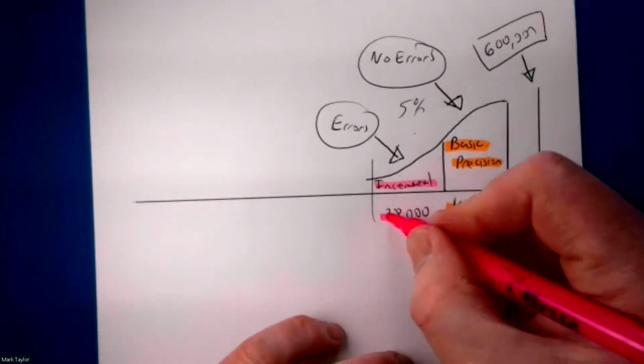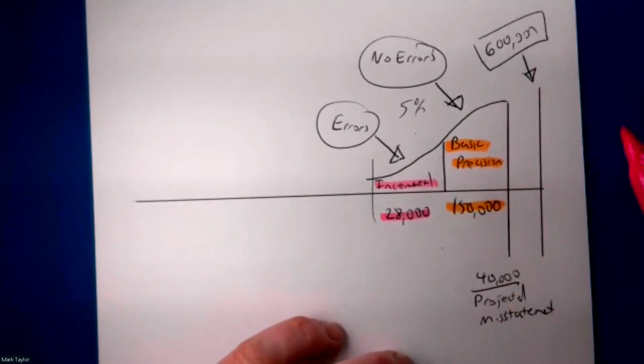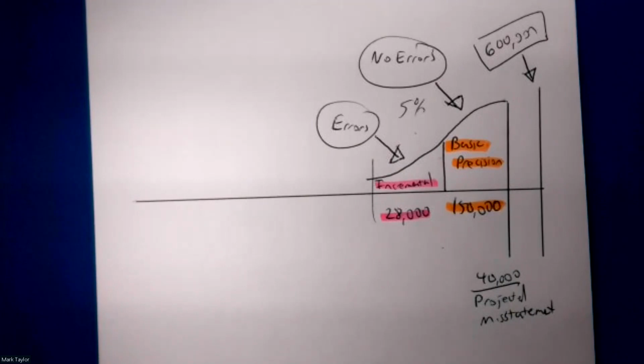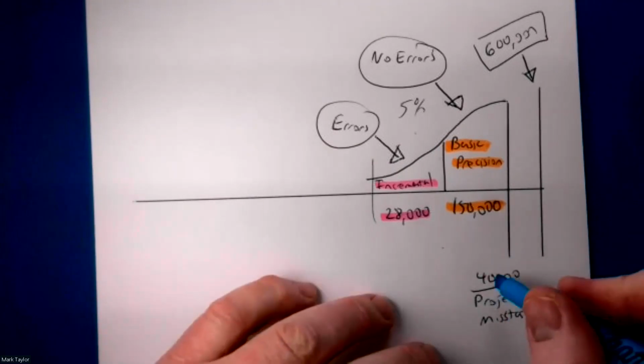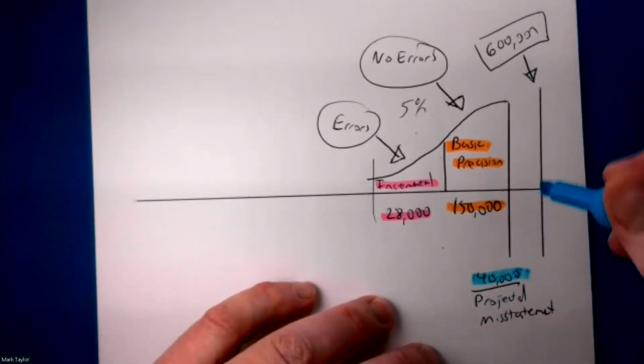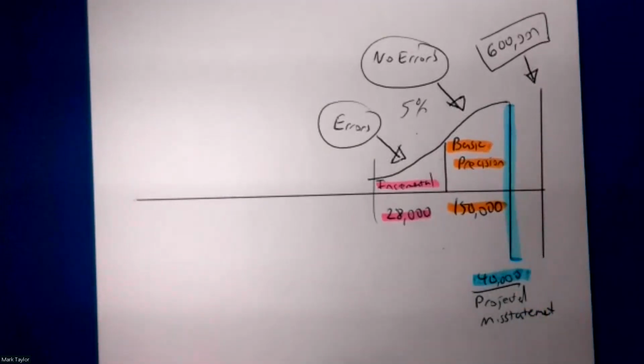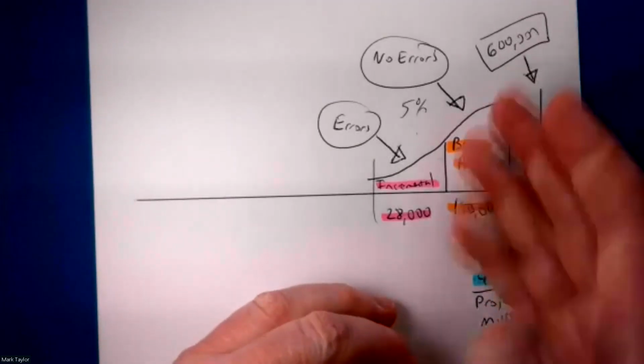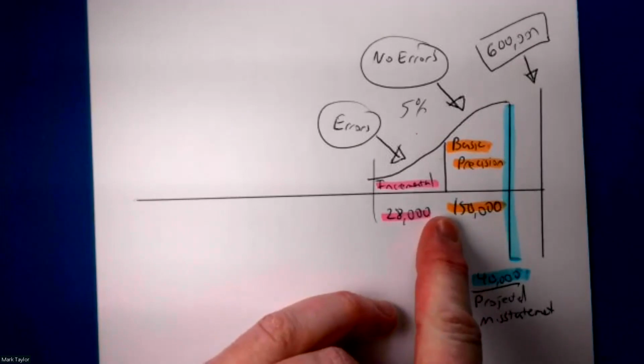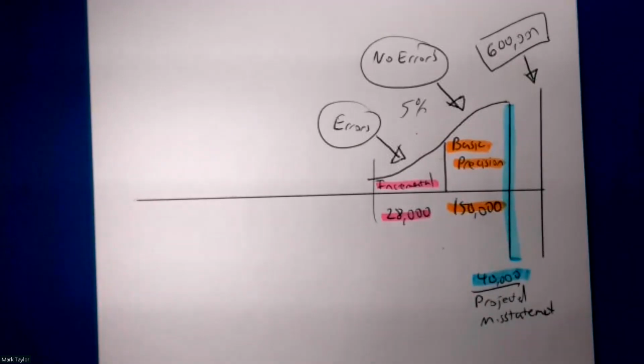So this could be even worse than that. So our best estimate is that this is off by 40,000. This is our best estimate. It's a $40,000 shift, and then we said, okay, but it could also be more, at the 5% level.